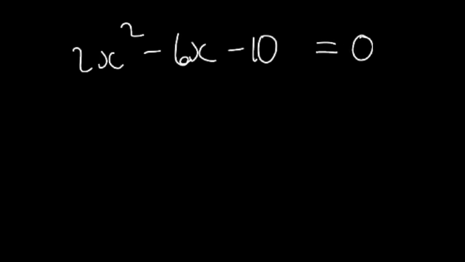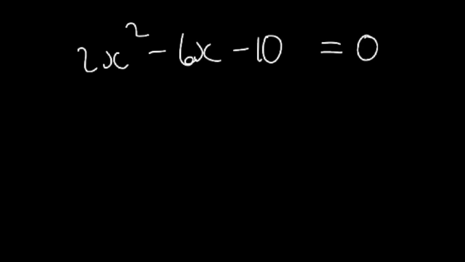Okay, so what did Al do? The first thing with this technique is we are going to take out any common factors, and we're going to try and make sure the number in front of the x squared, the quadratic term, is 1. There are two ways you can do this. You can visualize it by taking a 2 out, so we have x squared minus 3x minus 5 equals 0.